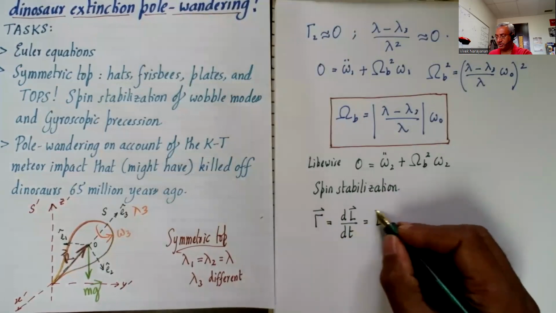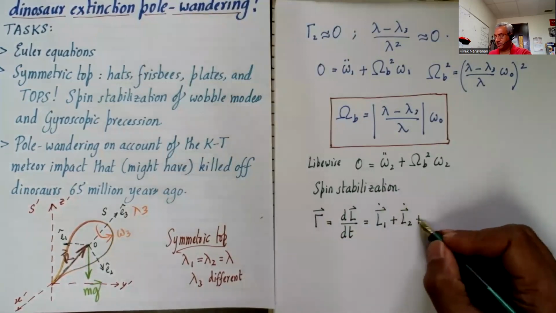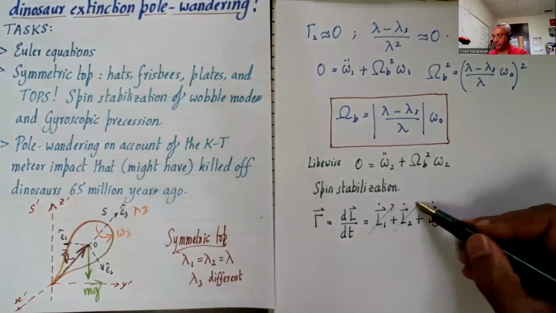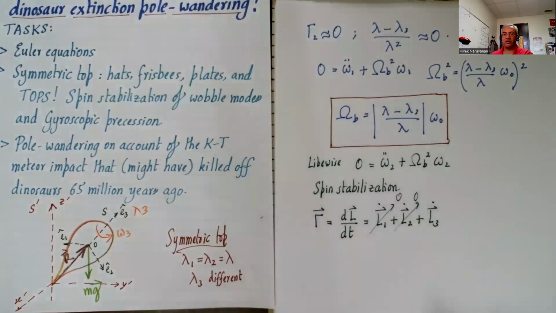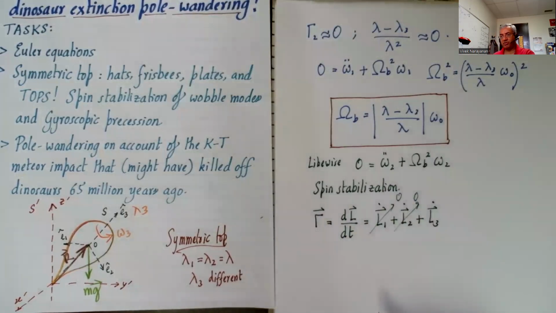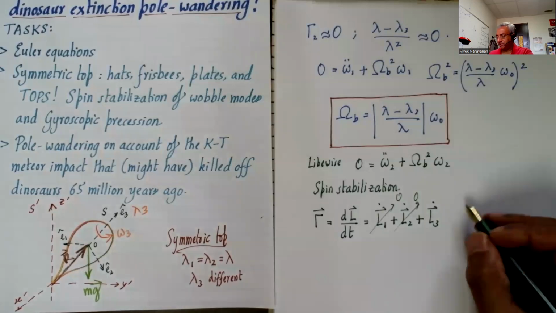And that means it's L1 dot plus L2 dot plus L3 dot. So these two terms are 0 for the reasons stated, because the wobbles don't contribute much to the angular momentum. And then you just have L3 dot.